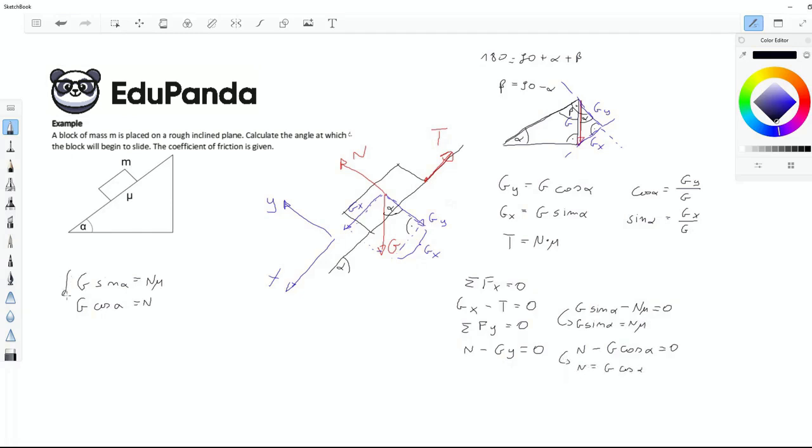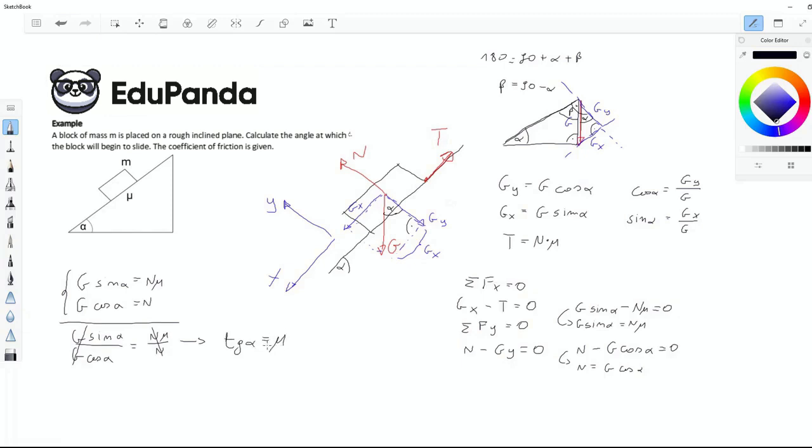Now we will divide these side by side, and we get G sin alpha over G cos alpha equals N mu over N. From here G cancels out, N cancels out. We know that sin alpha over cos alpha is tangent alpha. So tangent alpha equals mu.